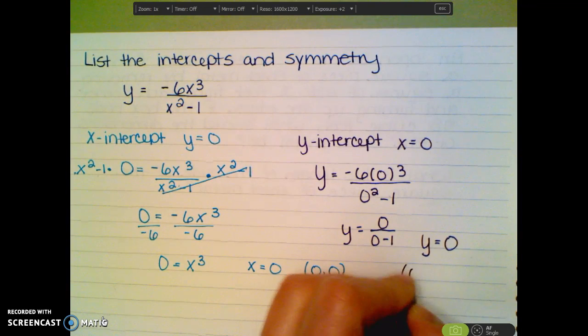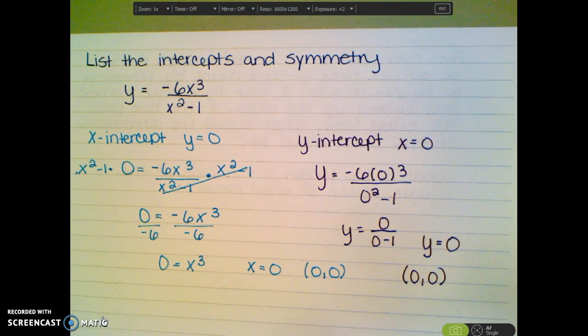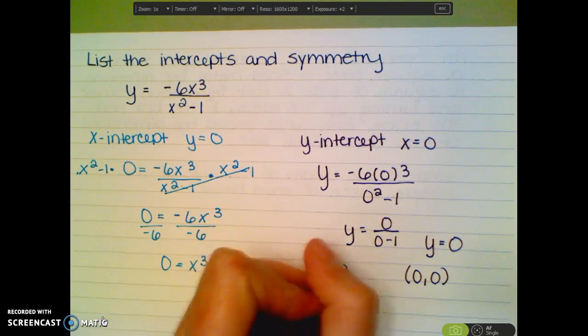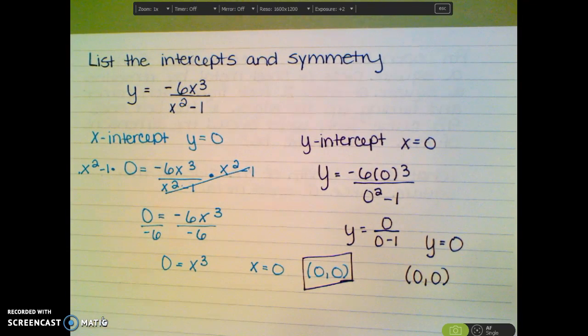So your y-intercept is also 0, 0. Therefore, this means that this equation only has one place that it will cross or touch, either the y or the x-intercepts, and the only place it's going to cross or touch is at 0, 0. Okay? So the intercepts for this would be 0, 0.